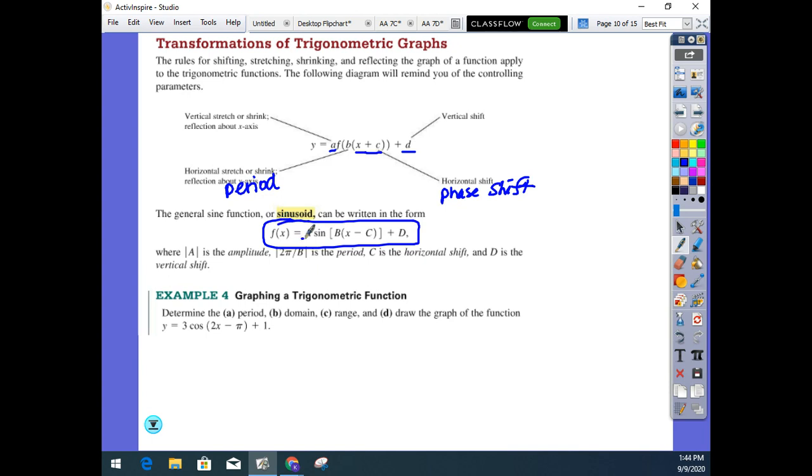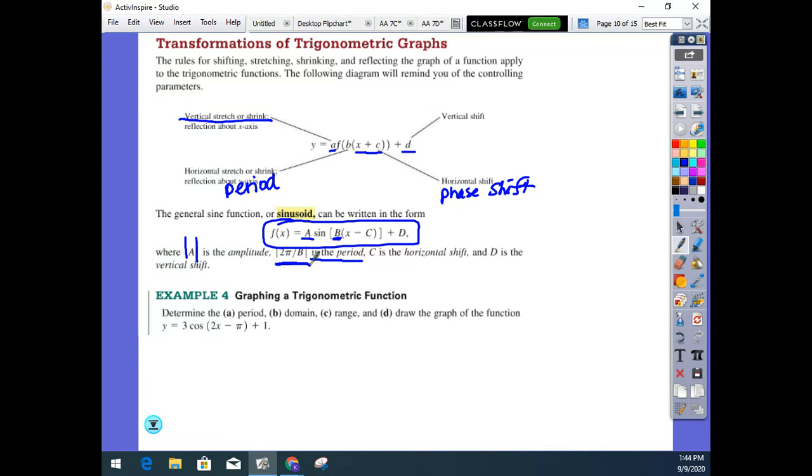Now, this value is our amplitude, how much we're stretching it out, up and down. But when we state the amplitude, we always state it as a positive value. Whatever this number is changes the period. Now, what's really important for sine and cosine, you always use 2 pi divided by that number.